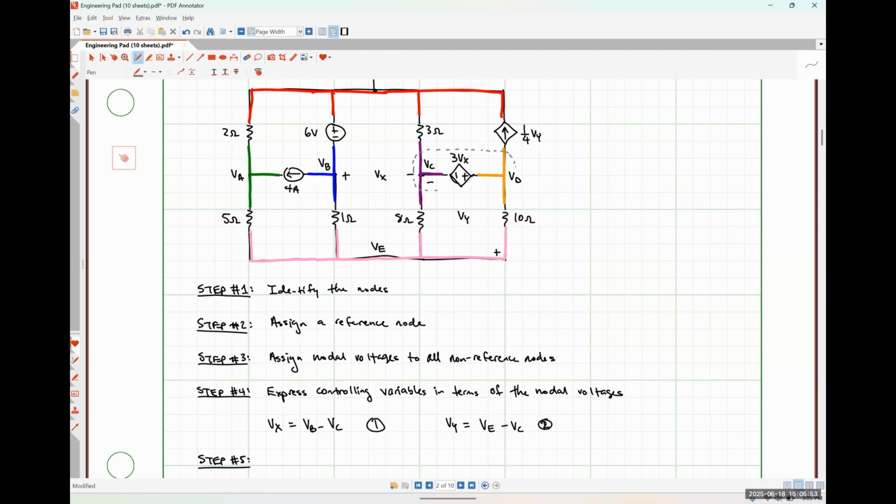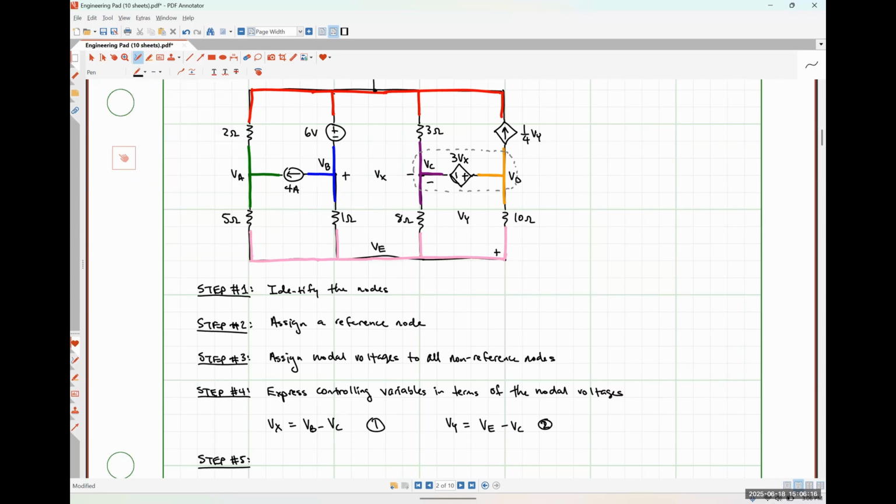So I'm just lumping these nodes, VC or node C and node D together to surround that voltage source, okay? So instead of writing a KCL equation at each node, I'm going to write KCL equations at supernodes.